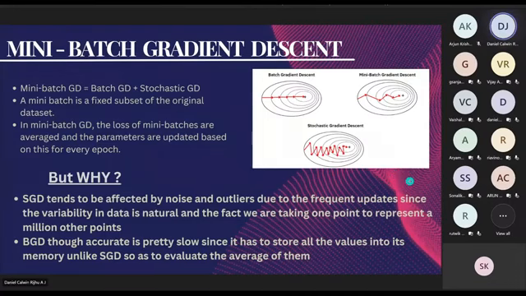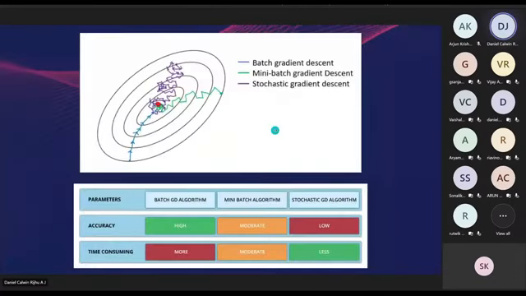So this will be the plot for all three of the gradient descents. The blue colored one over here is obviously going to be batch gradient descent, as it doesn't have any random fluctuations, because we have taken a more representable form of data compared to SGD. And the purple one here is going to be SGD.